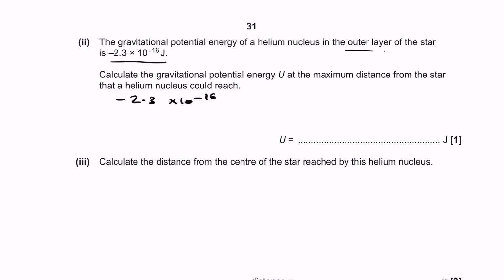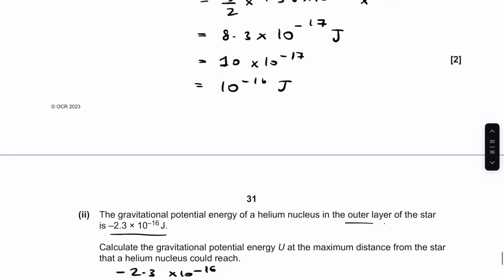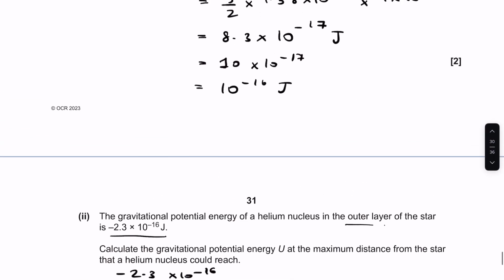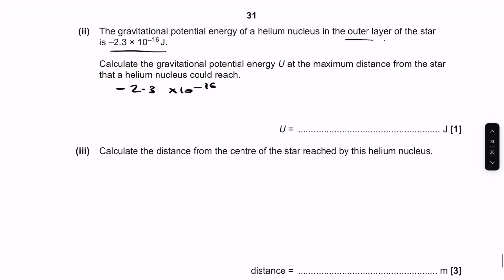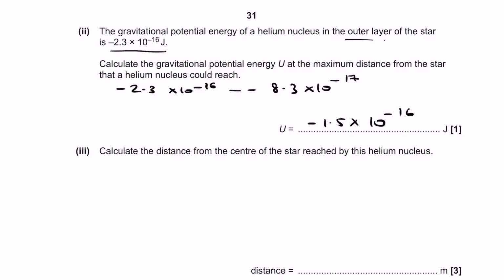And then we have the kinetic energy of the 8.3 times 10 to the minus 17 that we just worked out. And that would be minus 8.3 times 10 to the minus 17. In other words, it will be minus 1.5 times 10 to the power of minus 16 joules.